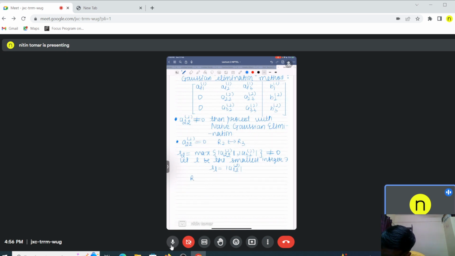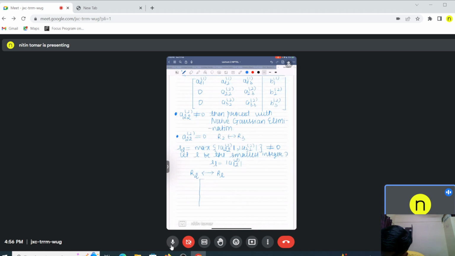You will interchange R2 with that particular row, RL. And how will the system be then? The first row will be unchanged, the second row also. This 0 will be there, then it will be some A223, A233.